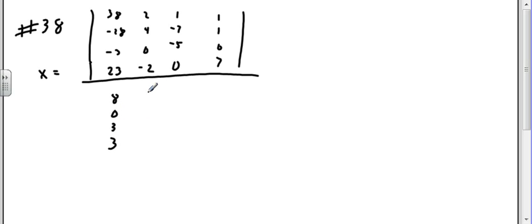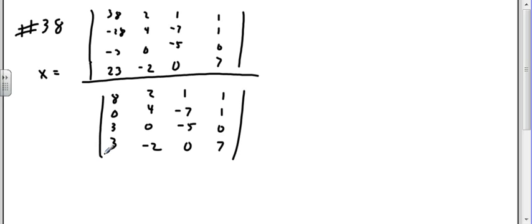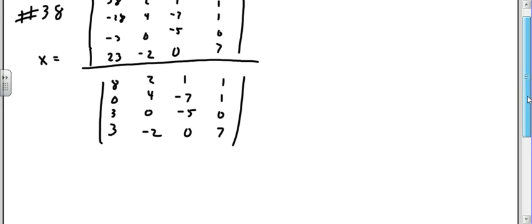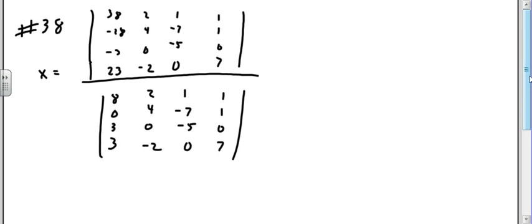And I've got 2, 4, 0, minus 2, 1, minus 7, minus 5, 0, 1, 1, 0, 7. Okay, so that's what I have to do. And clearly I am hosed unless I have a better calculator, because my calculator doesn't do 4x4s. Now, some of you, the TI-89s do.